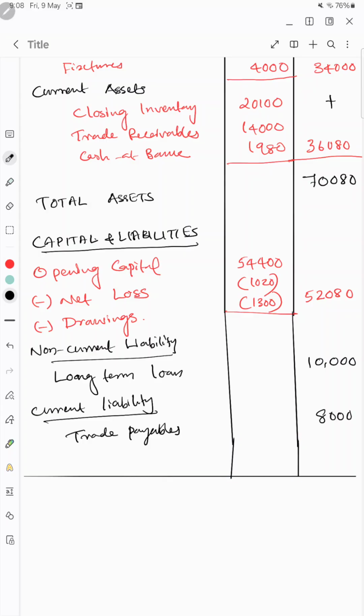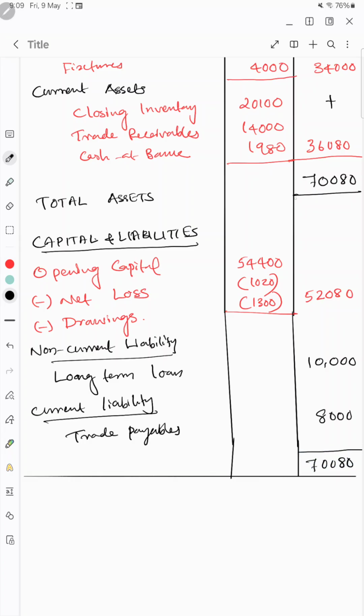If it is not equal, some items we missed. So capital is 52,080 plus 10,000 plus 8,000. You got here 70,080.